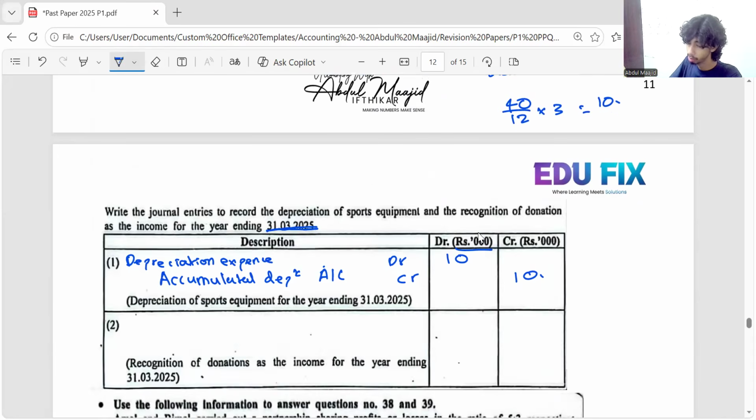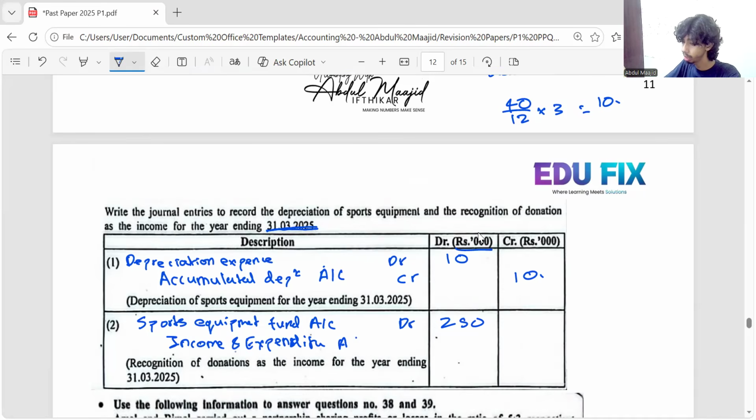Sport equipment fund is an equity, and when it's reducing, debit. So sport equipment fund account will be debited by 250,000, and you will recognize that as an income in the income and expenditure account. Income and expenditure account will be credited by 250,000.